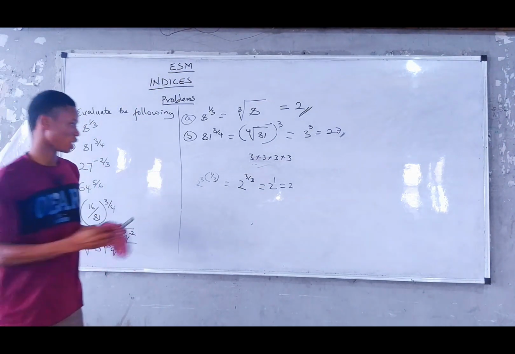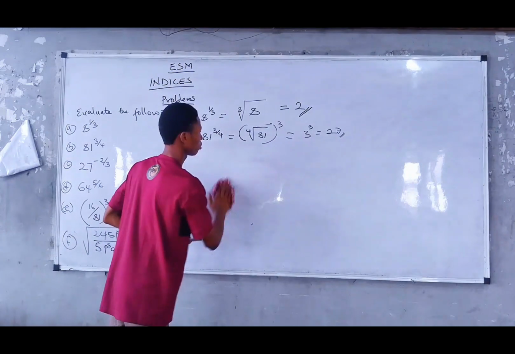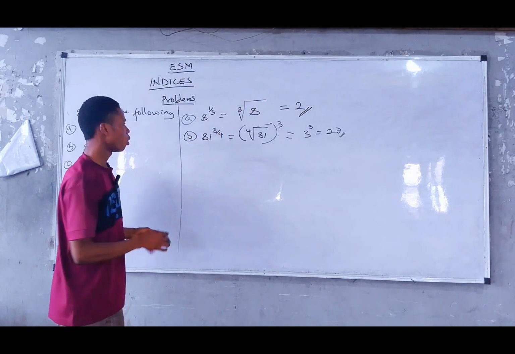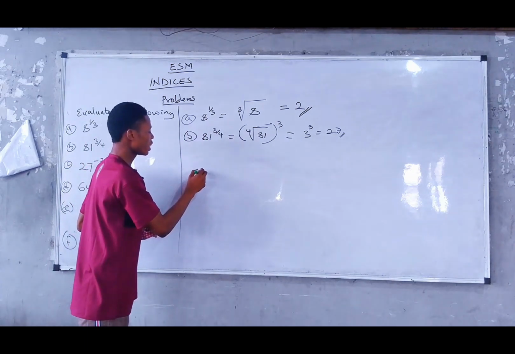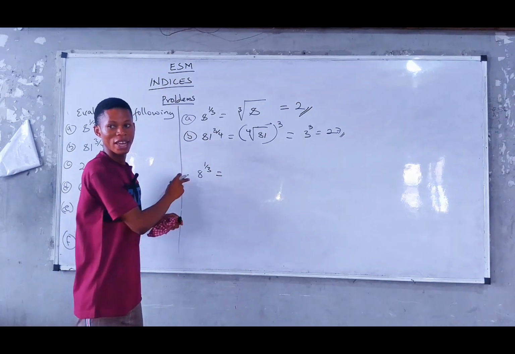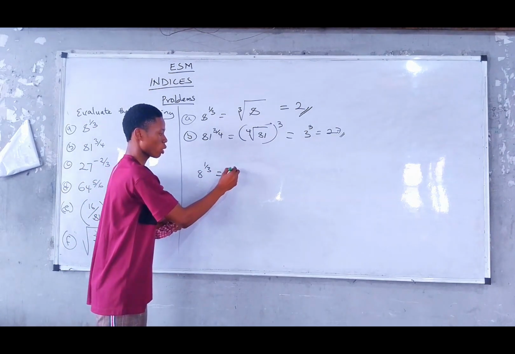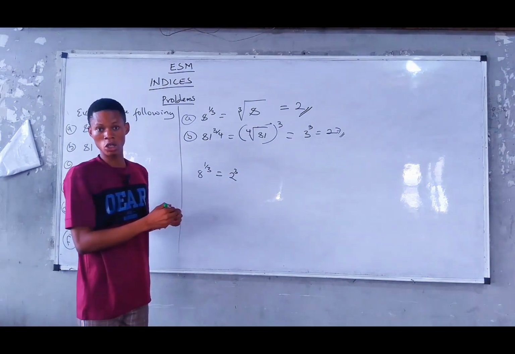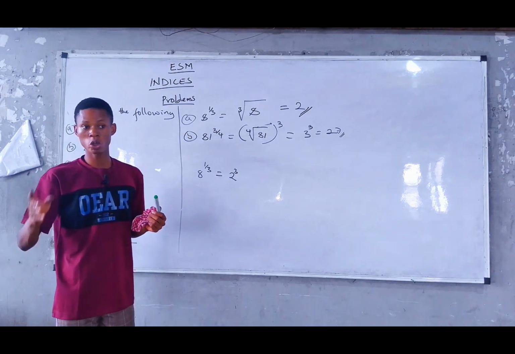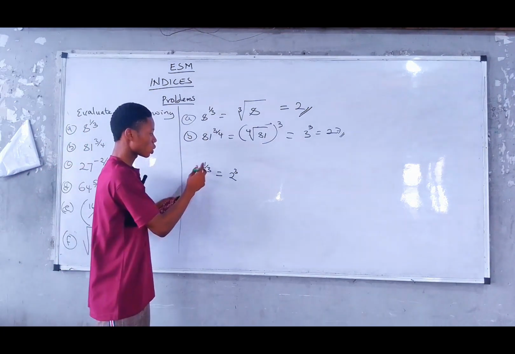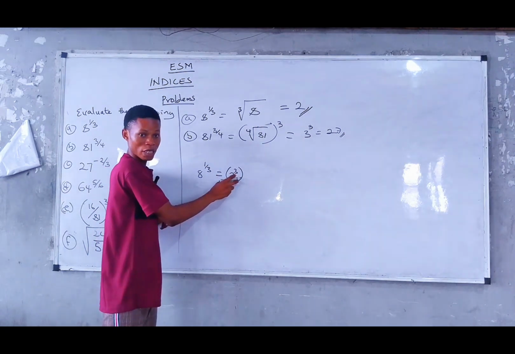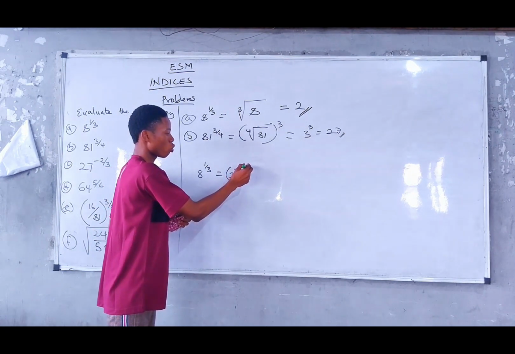Let me take that again. Do we understand the basic method we use here? Yes. Good. Now, 8 raised to power 1 over 3: 8 is the same thing as 2 raised to power 3, right? 2 raised to power 3 is 2 times 2 times 2, which is 8, is it not? And it's raised to power 1 over 3.